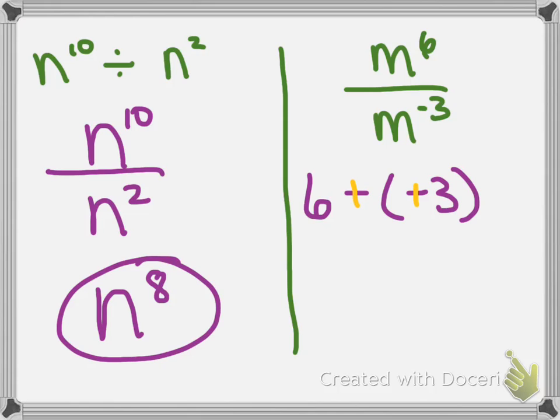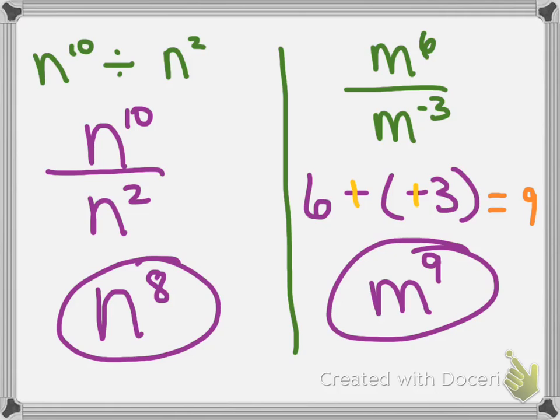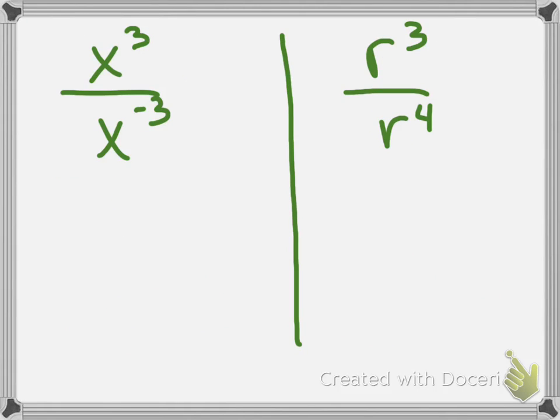And so we're going to really have 6 plus 3, which is 9. So we'll have m, and since this is a positive, it's going to be just m to the 9. Okay? Here we go.